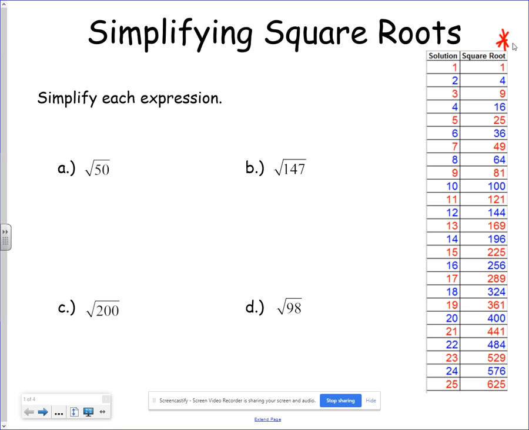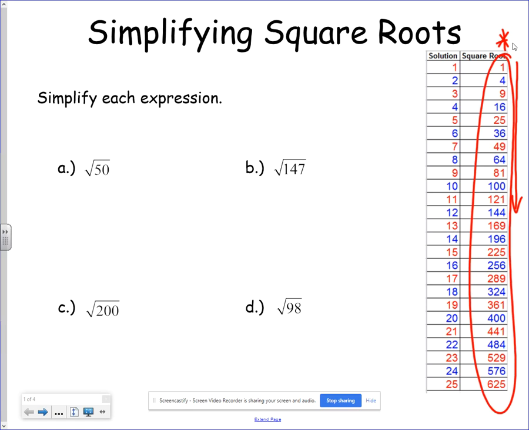Is 50 on this list over here? It's not. So now what you want to do is find the biggest perfect square that divides into 50. So the biggest number from this list that goes into 50. Well, that number is 25.